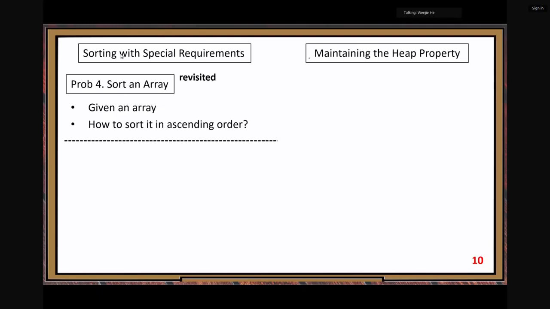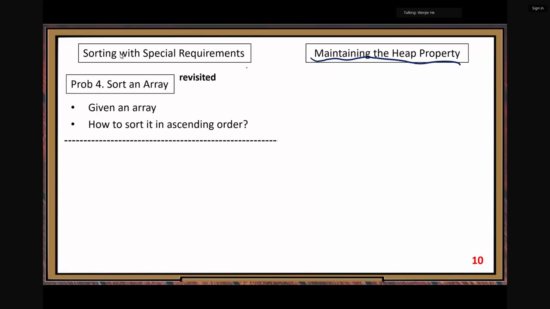What do we mean by maintaining the heap property? Remember, we use this heap to store dynamic data. Think about when you insert a new element into the heap. How do you do insertion?